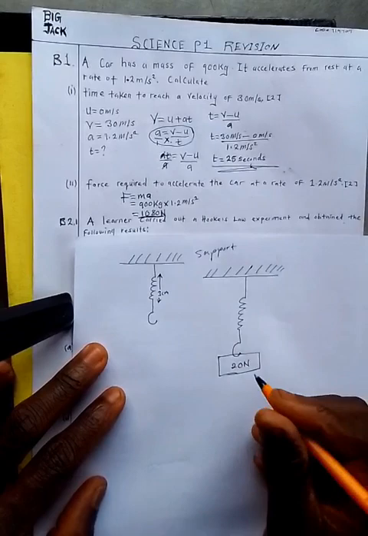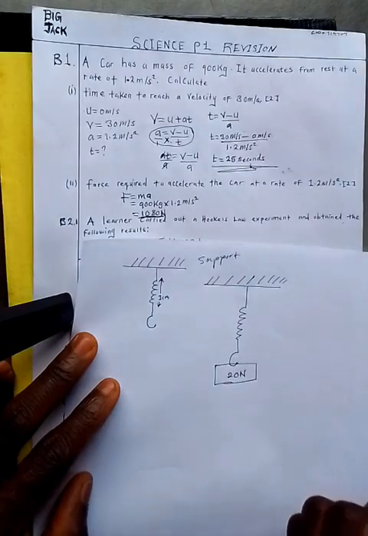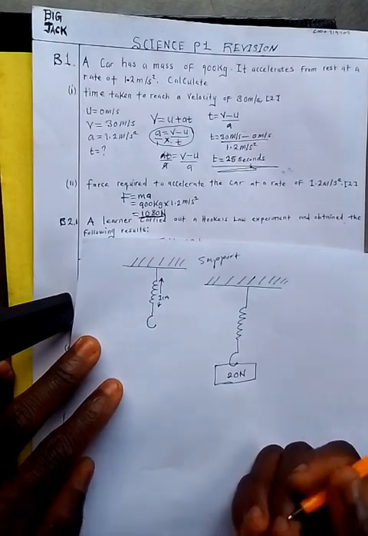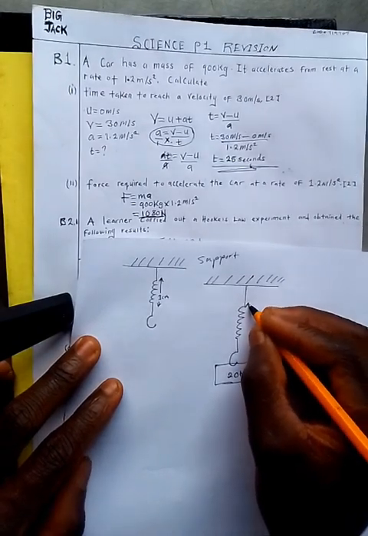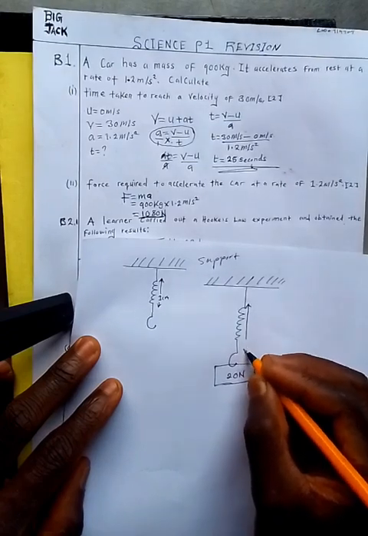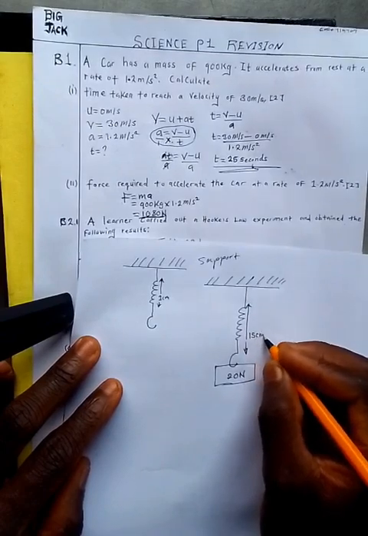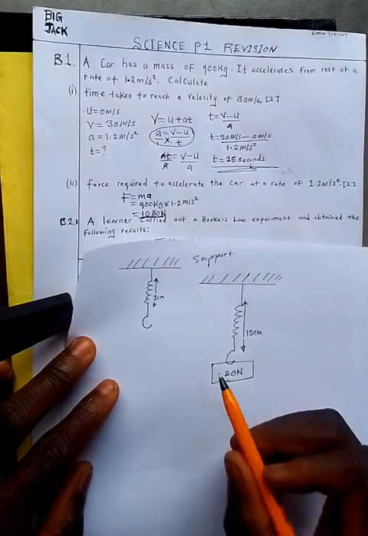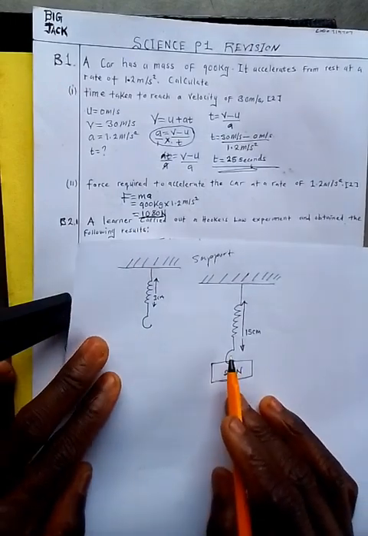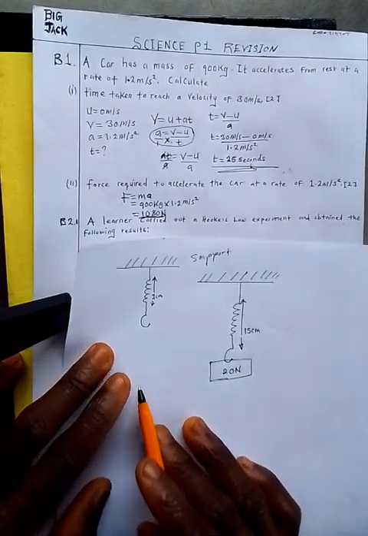Now, is the length of this spring going to remain the same, or is it going to change? Of course, it is going to change. It is going to extend. Suppose the spring extends from this point up to this point, and it is showing a reading of 15 centimeters. Now, what would be the extension? The extension is just the displacement of the spring from the initial position up to the final position.